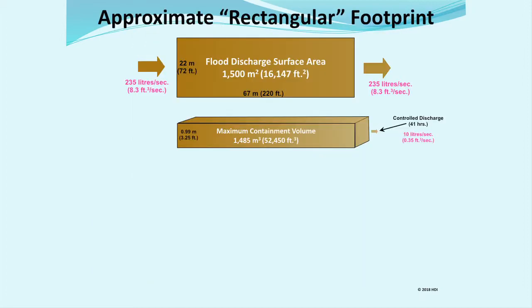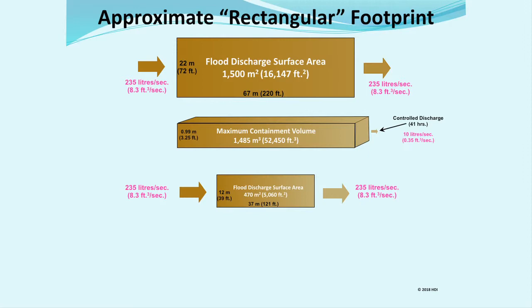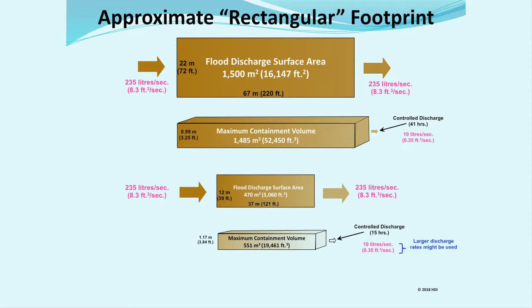So we go into there, but look what happens. Remember, this is the first size without any flocculant? It went from 16,000 down to 5,000 in size. Same thing over to here. It took 41 hours. You can drain it out in now 15 hours, and maybe quicker if you have the right treatment in there.